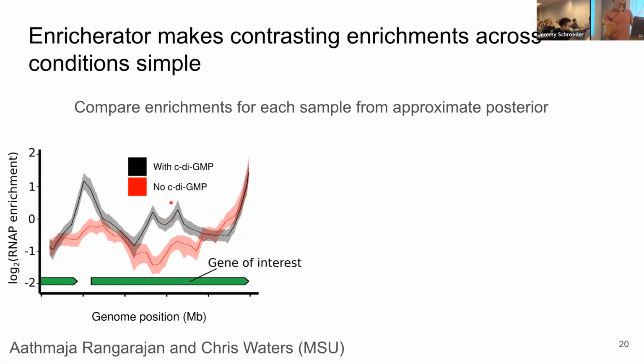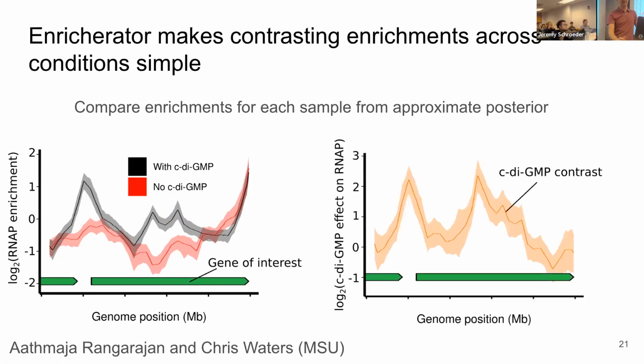But wouldn't it be nice if instead of just looking or forcing someone to look back and forth between these, we could actually calculate that contrast that we're actually interested in? What we're actually interested in is the effect of cyclic DiGMP, not just one condition and another, right? We're looking at comparing them. So with these Bayesian samples from an approximate posterior, we can actually do that.